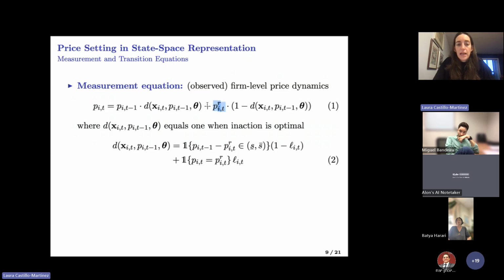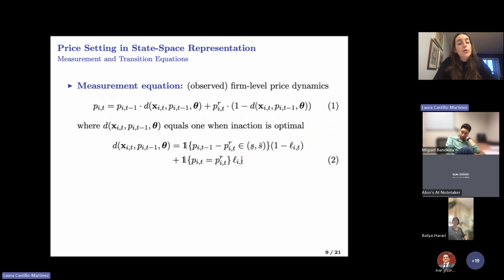That's all the difference. What is my inaction indicator? Same as before, but the other way around because we're looking at inaction instead of action. So when am I not going to adjust? I'm not going to adjust provided I need to pay for it, so no free adjustment opportunity. So if I need to pay for my adjustment opportunity and my gap is within the inaction region, then I won't adjust.